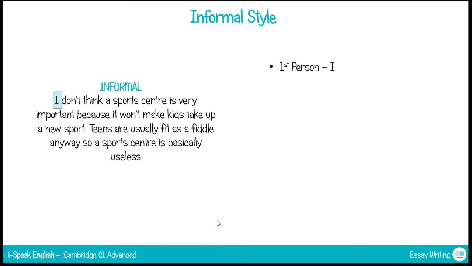And let's go through. So first of all, I, if you use first person, I, that automatically makes your style informal when you speak in first person. So you need to be speaking in third person, either they or one, or you need to be speaking impersonally. So instead of saying I, you can say people.